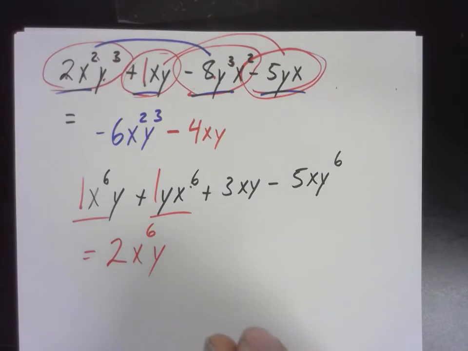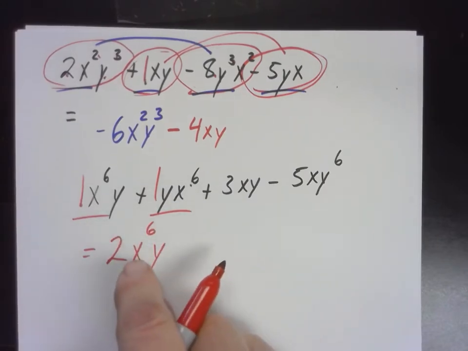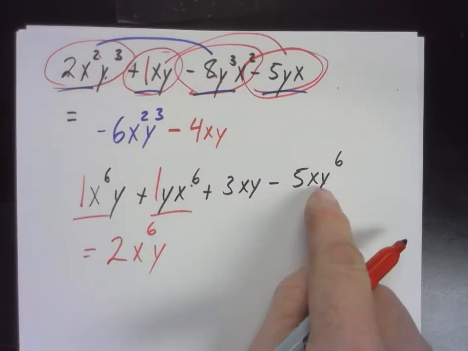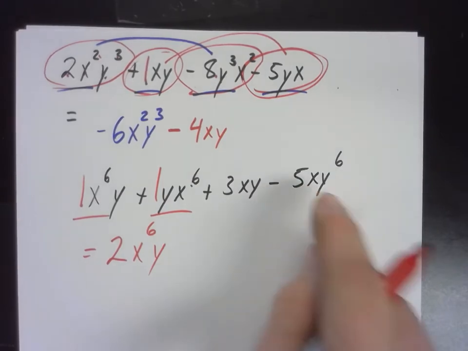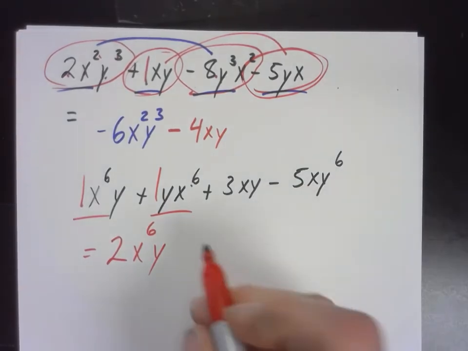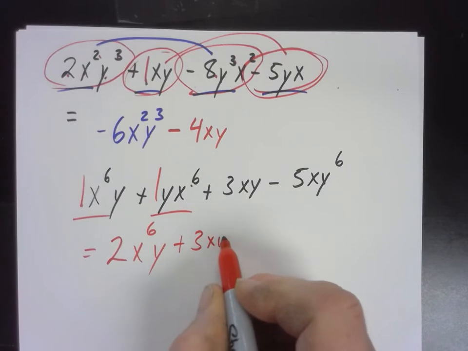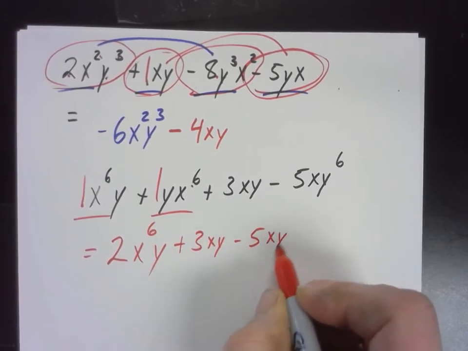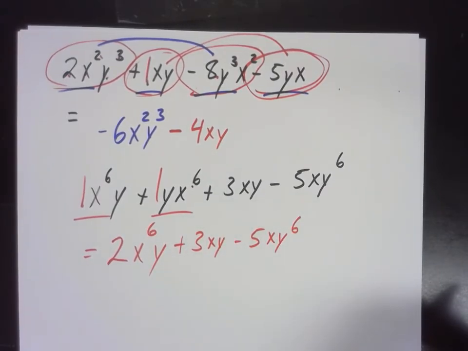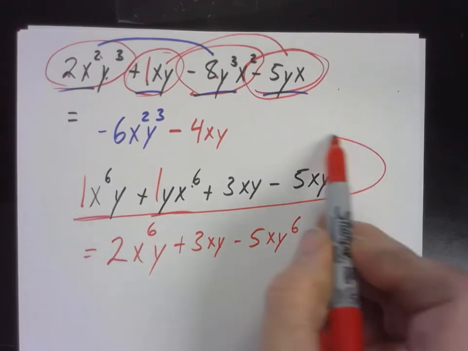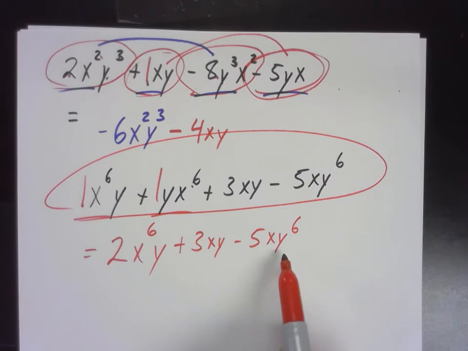When you add like terms, your answer has to be a like term. Now what about these other two? No. No? So what are we going to do with them? That's it. So we made this expression a little simpler. That was our job.